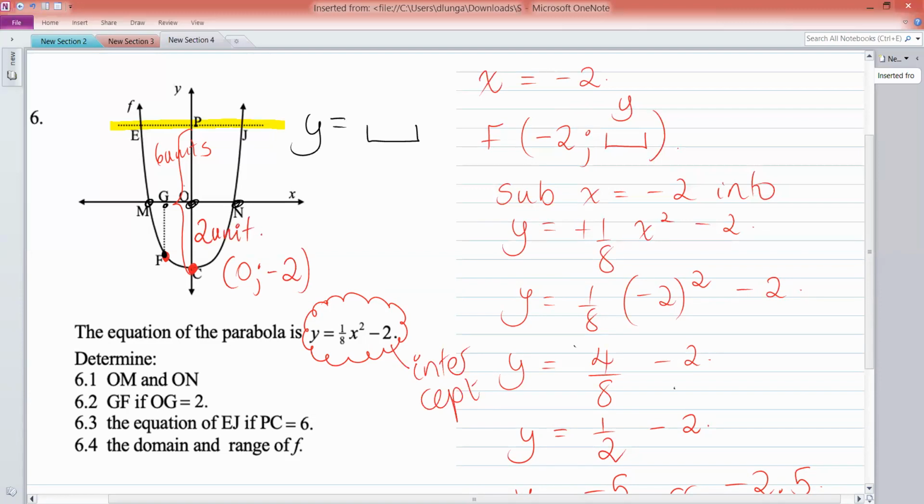What do you think the distance from O to P is actually now? So from O to P, what's the distance there? Ashmi, what do you think?